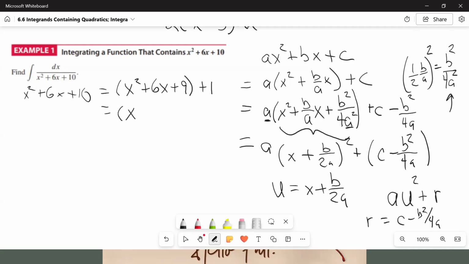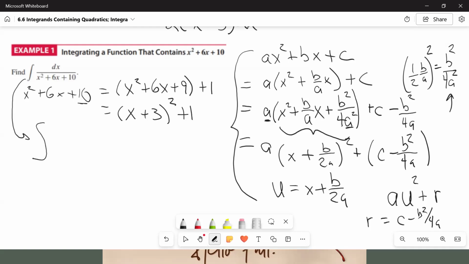And then x plus 3 squared plus 1. Now we can rewrite our integral. Now I didn't have to go through everything I went through over here because x squared plus 6x plus 9 is a perfect square. So if I rewrite the 10 as 9 plus 1, I can group the first three terms together, and that's a perfect square.